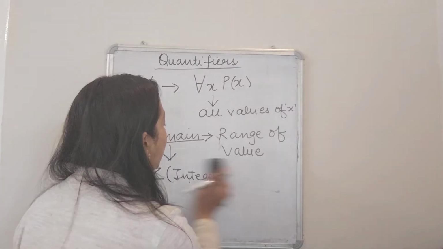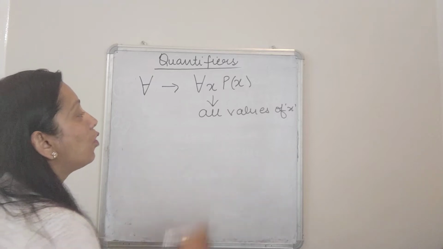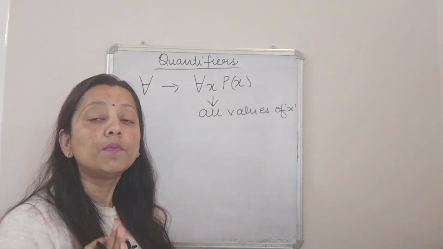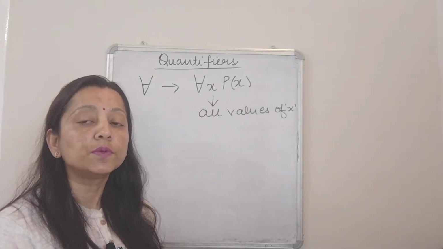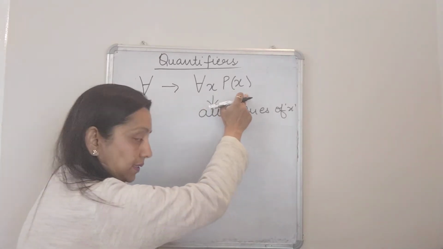So for the universal quantifier, when I want to prove whether a propositional statement is a proposition or not, I write for all x P of x.